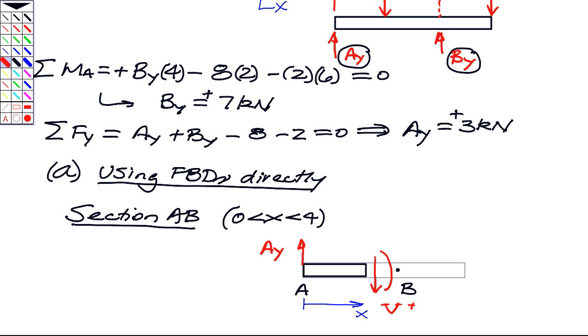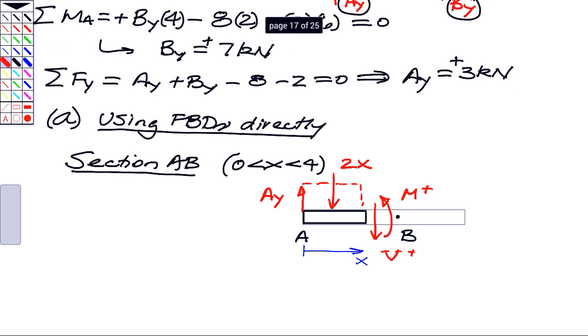And the bending moment on the right face is positive in a counterclockwise sense, so I will draw it as that. There's also the resultant of the distributed load, and since it's a force per length of 2, over a length of section called x, it's going to be a force downward of 2x.